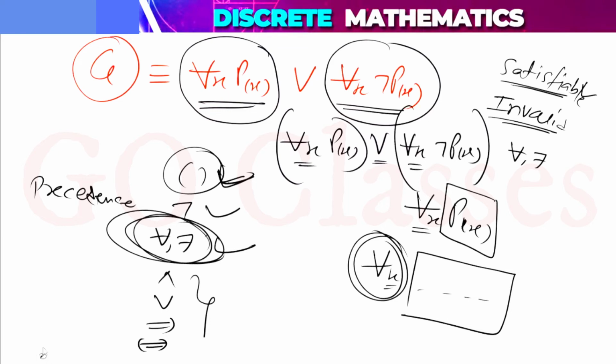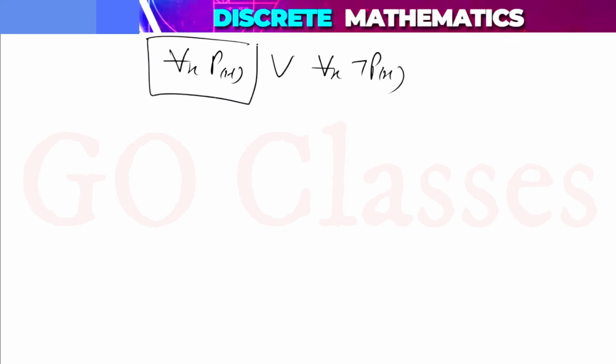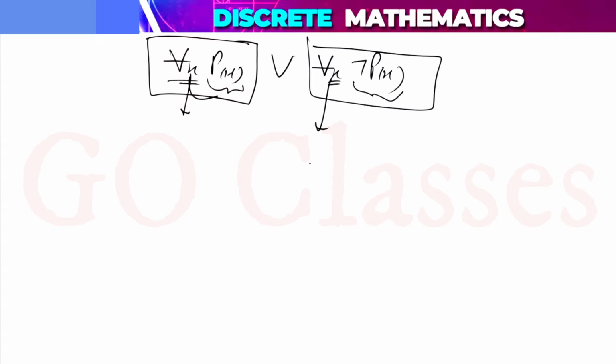Now after this, you can see one more thing. For all x px or for all x negation px, this is one thing, this is another thing. Remember, this is the scope of this for all x, and this is the scope of this x. Now remember, this x has nothing to do with this x.